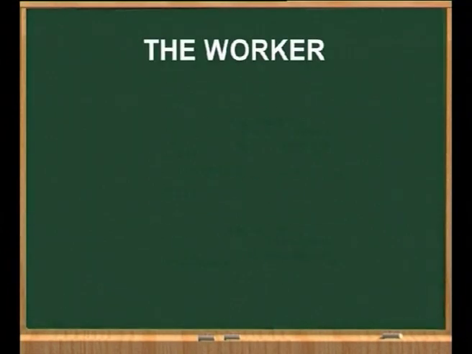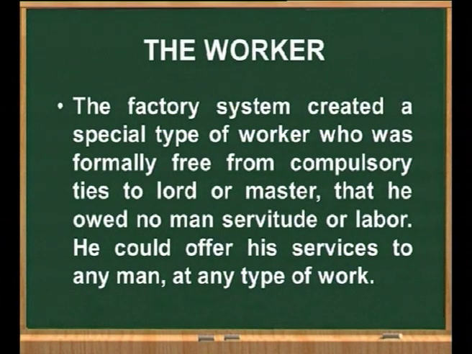The worker. The factory system created a special type of worker who was formally free from compulsory ties to lord or master, so that he owed no man servitude or labor. He could offer his services to any man at any type of work.